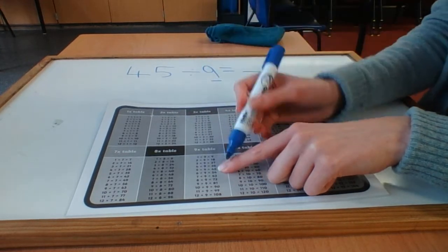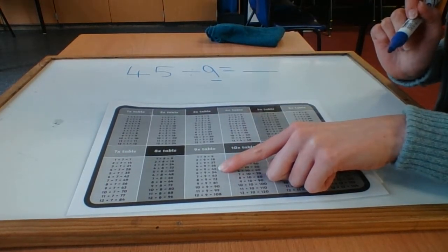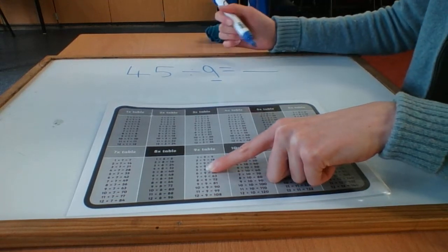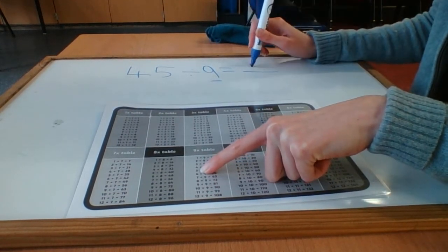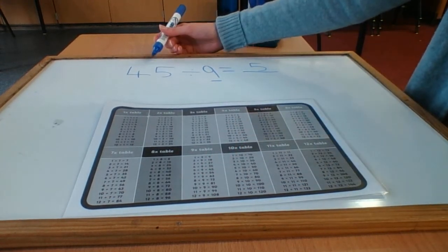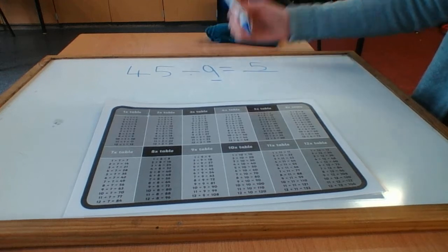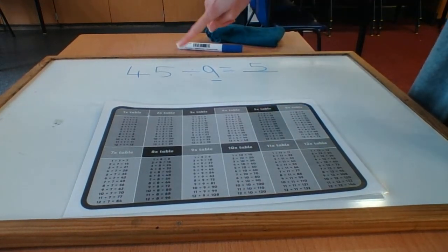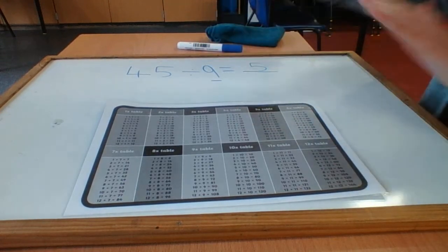So this one's got the answer of 45. So we've got 45, we've got 9, 5 is the other number in that fact family. So 45 divided by 9 is 5. So you can use your multiplication grid to help answer division questions.